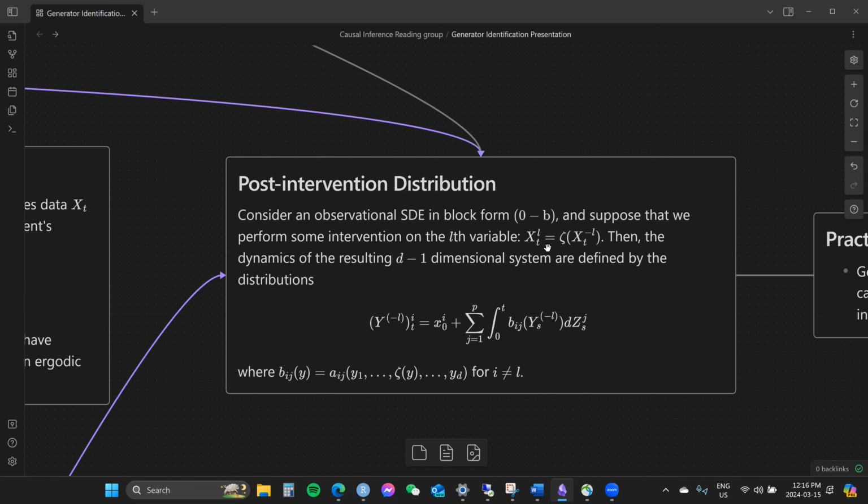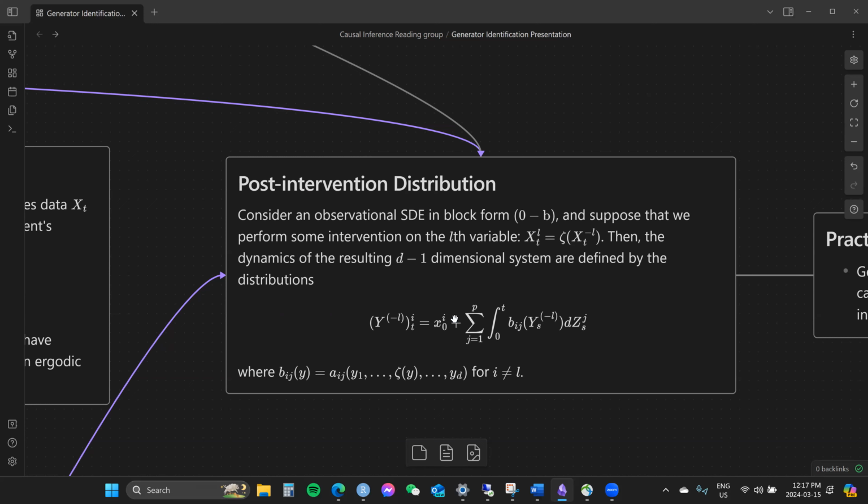So specifically, if you intervene on the Lth causal variable by setting it to some Lipschitz function, then you'll have new dynamics governing the system, and it'll be of interest to know how this new system evolves.